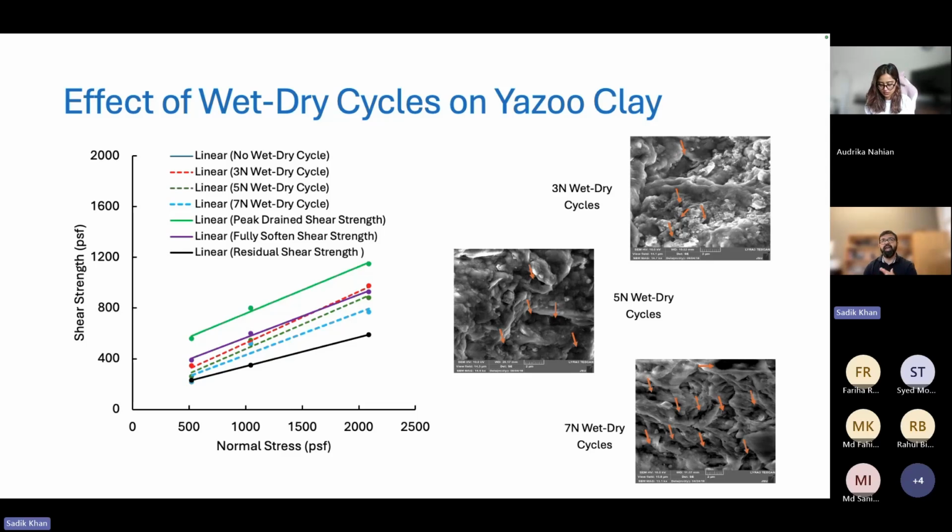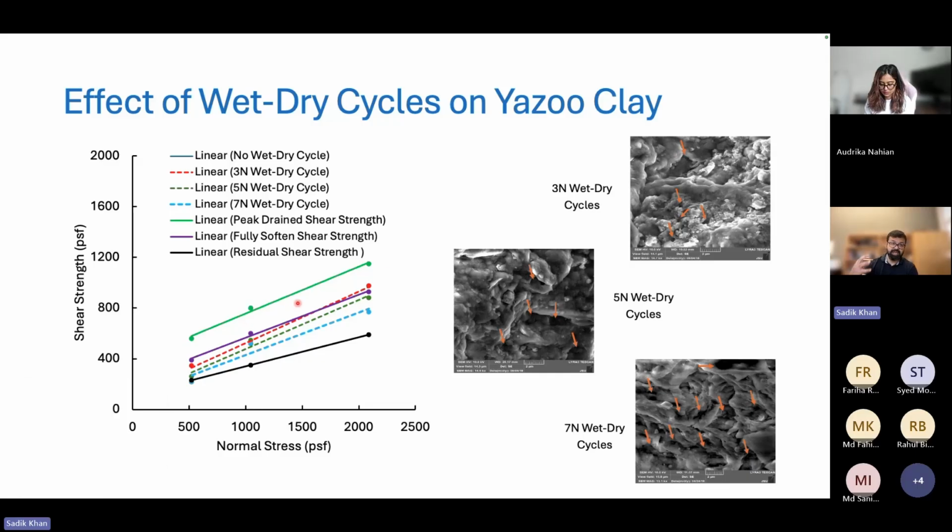So think about a highway embankment which contains expansive soil. When the embankment is being constructed, the shear strength will be pretty high, and at that time, the shear strength of that slope should be close to the top line, which is the green line here.